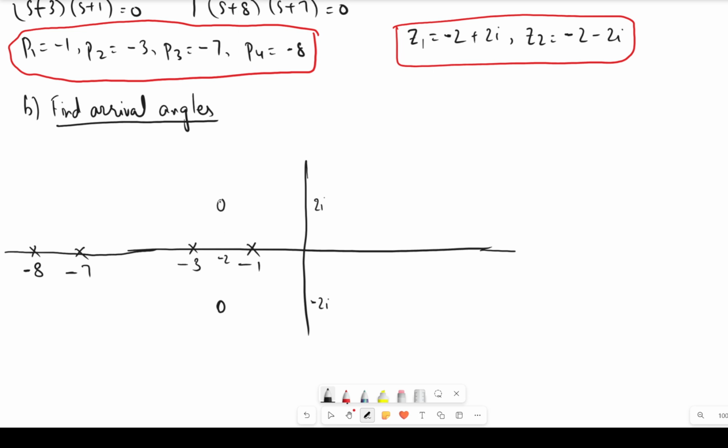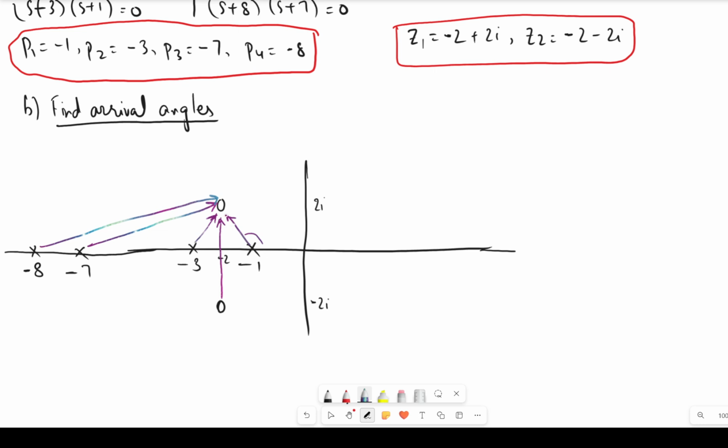The angle criteria at this point, because we are interested in the angle of this. So what we will do is draw arrows from all poles and zeros to any one of the complex zeros, whose angle of arrival we are going to find.